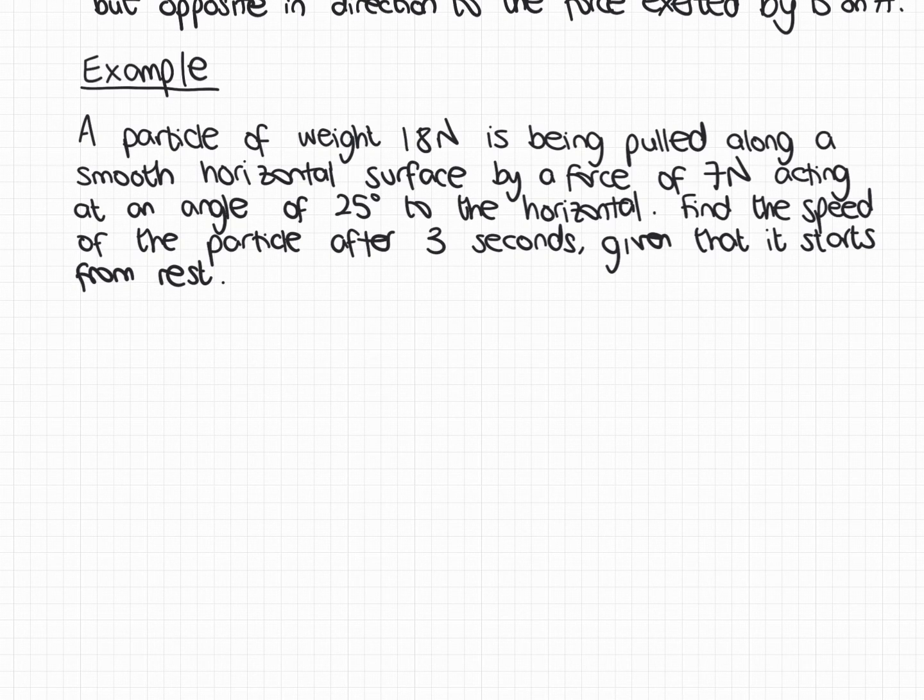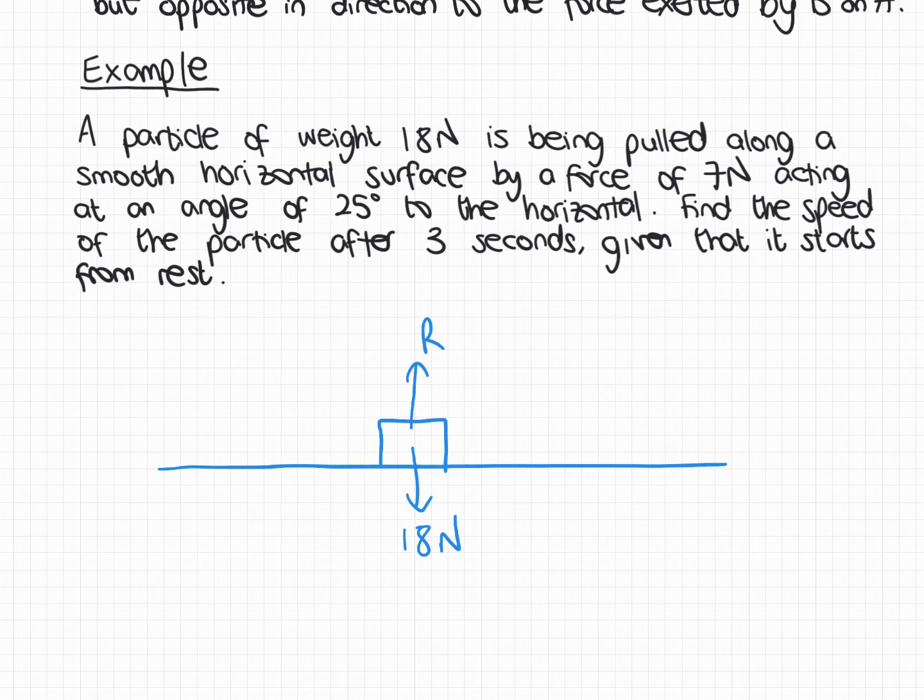So, your diagram here to begin with, we know we've got a particle of weight 18 newtons. So we've got a force down here of 18 newtons. It's going to have a reaction force sitting on the ground, and it's pulled along a smooth horizontal surface by a force of 7 acting at an angle of 25 to the horizontal.